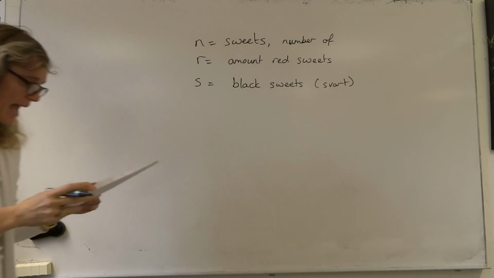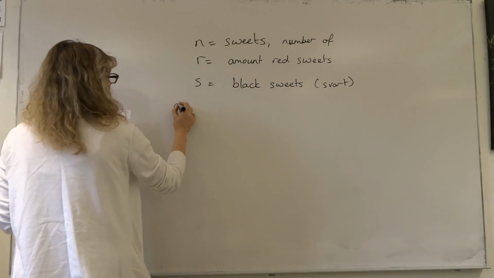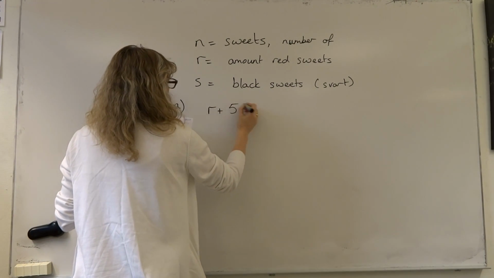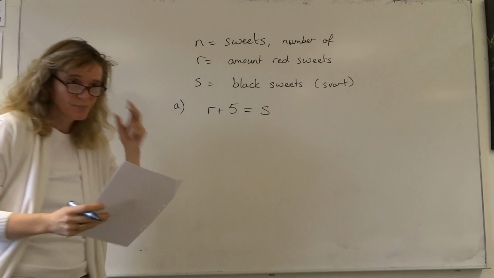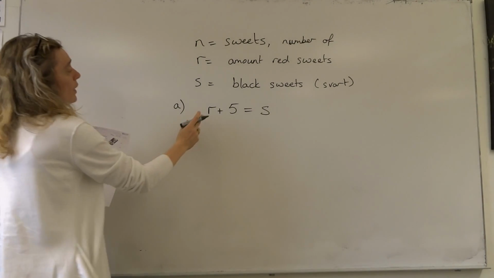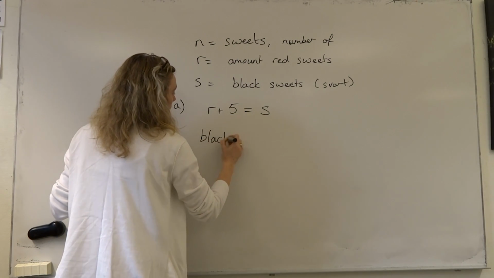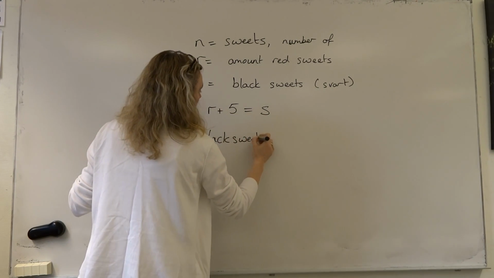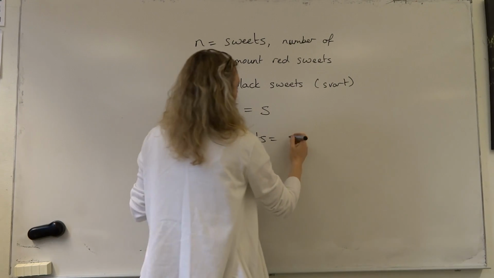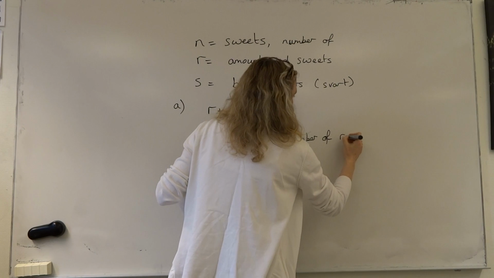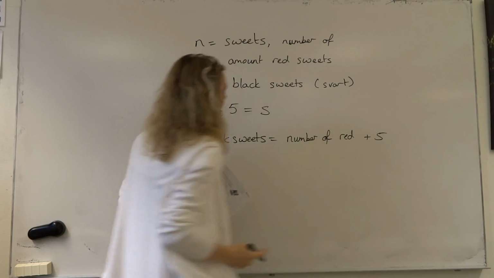Okay? Then it's asking you to explain, what does the expression mean when it says R plus 5 equals S? Well, it means that the number of black sweets is the number of red plus 5.